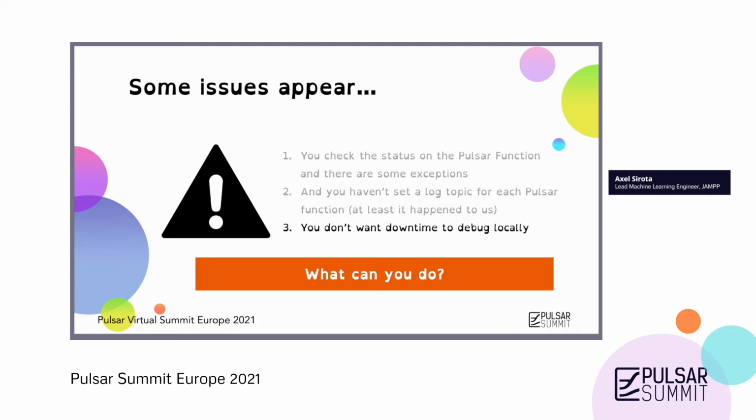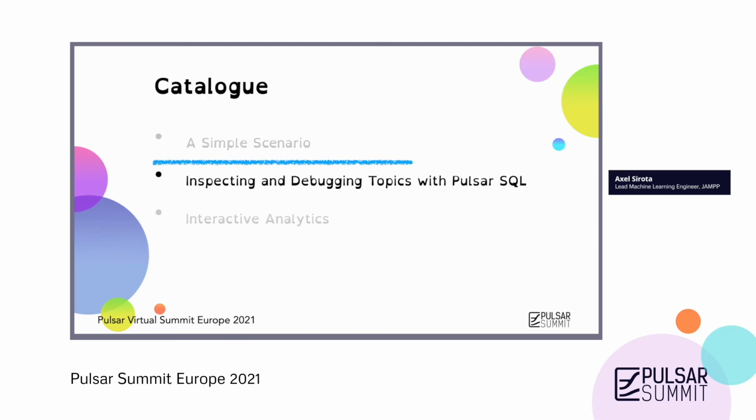The question I ask you is, what can you do? And this is not an easy question. You don't have the ability to go back in time and maybe rerun that Pulsar function. We would need to deploy another Pulsar function. There are a lot of schemes, but let me introduce you a tool that helps you in this scenario easily.